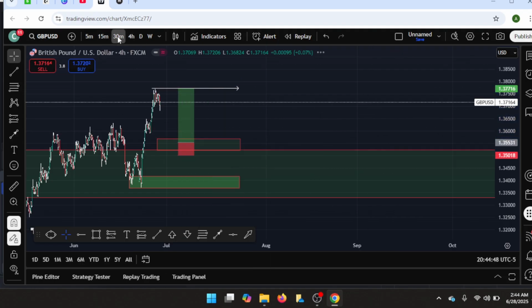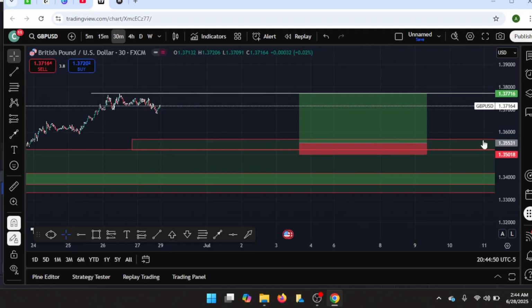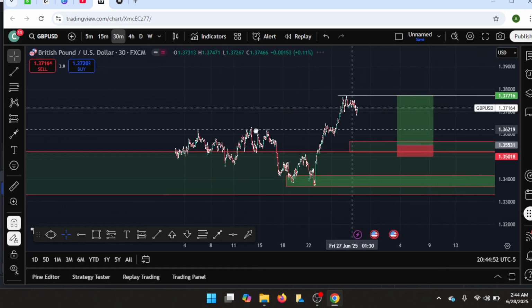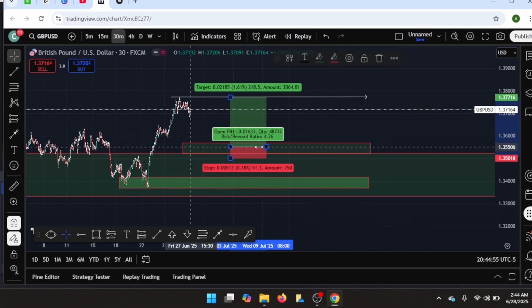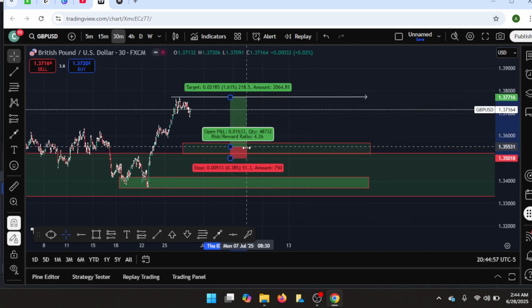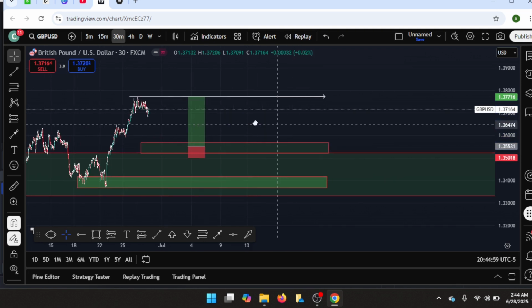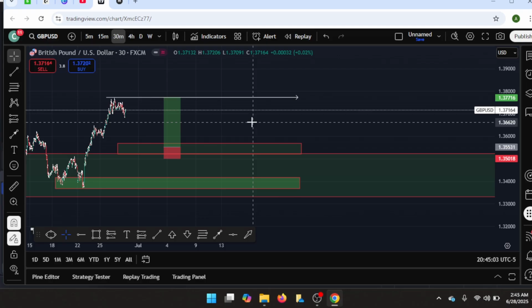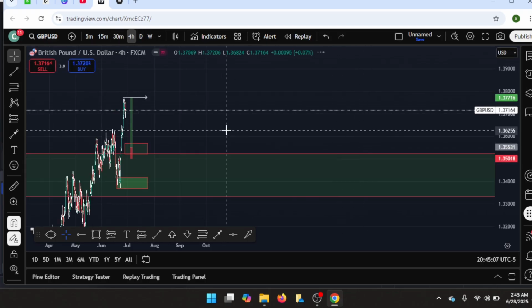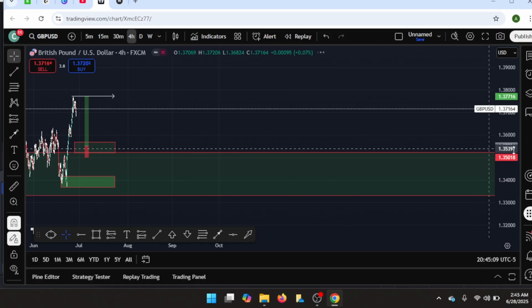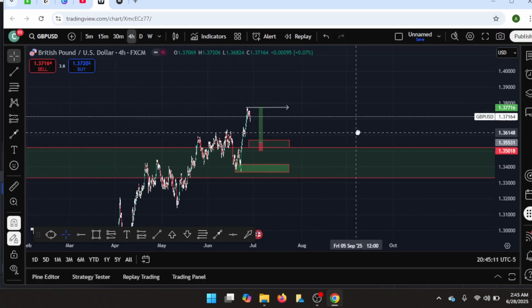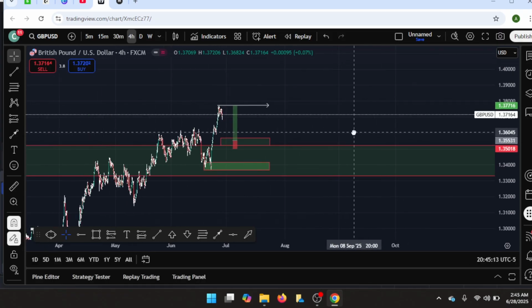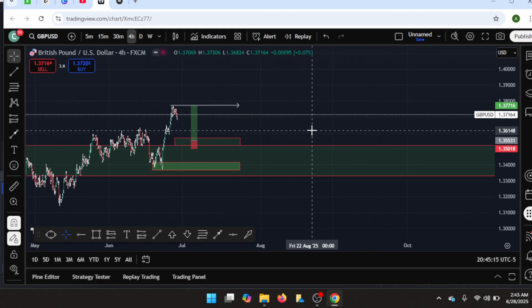I will now move down to 30 minutes to adjust it, because this is where I take my entries. Good. So this is my first entry. Let me go back to the 4 hours. My second entry.